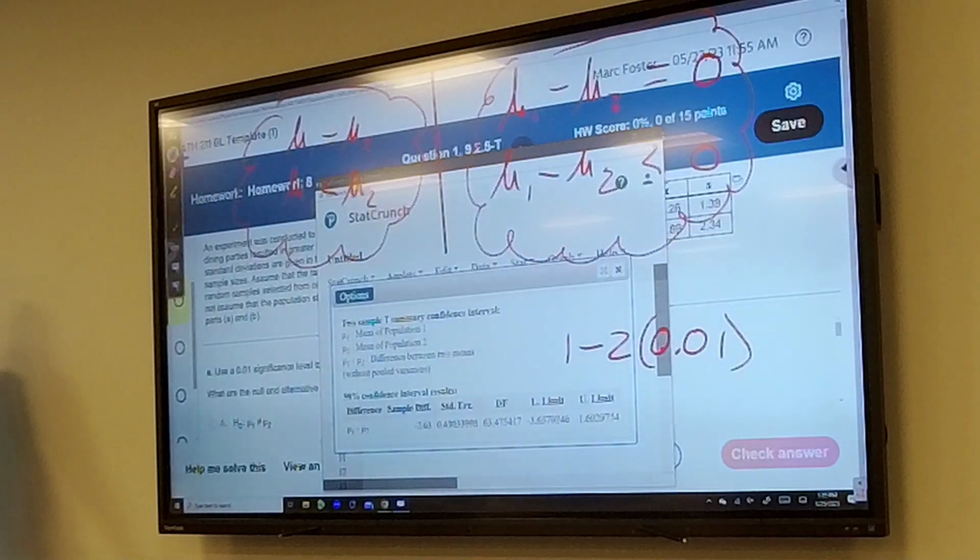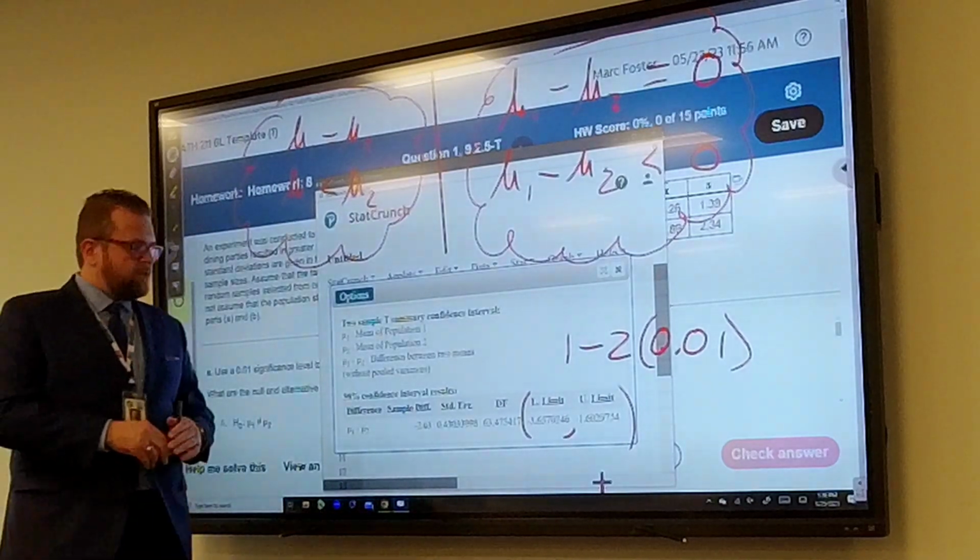Well, here is my confidence interval. The bottom number is minus 3.657. The upper number is minus 1.60. It does not contain 0.